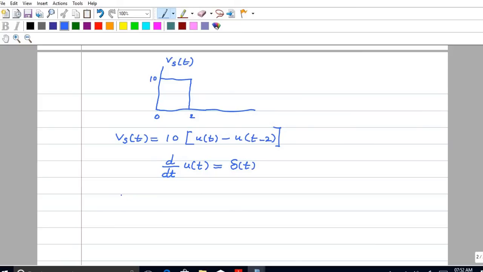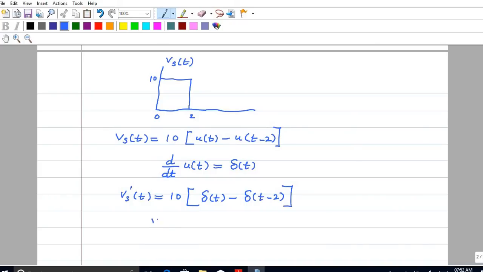So I'm just taking the first derivative of this Vs of t. We get Vs dash of t, that is 10 into delta t. When you take the derivative of u of t minus 2, you will get delta t minus 2.